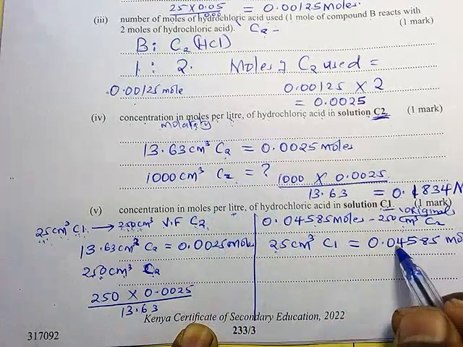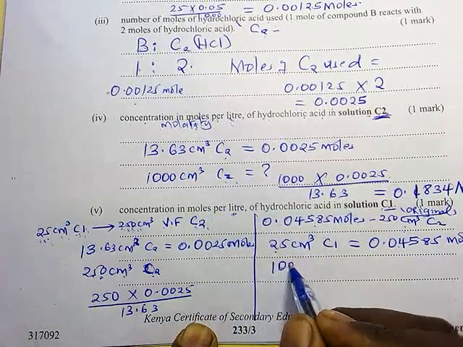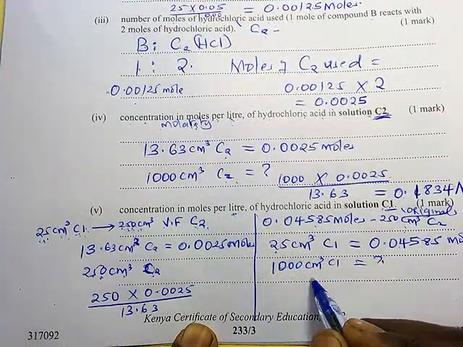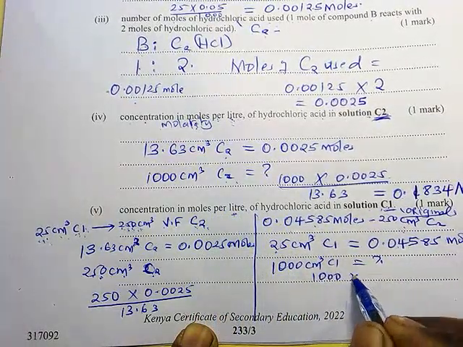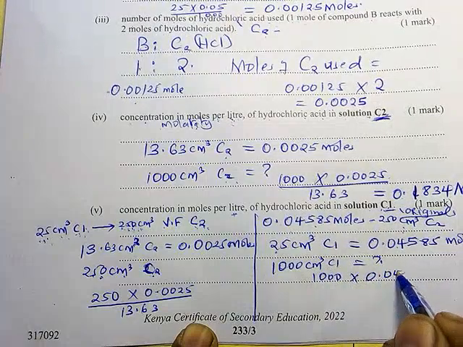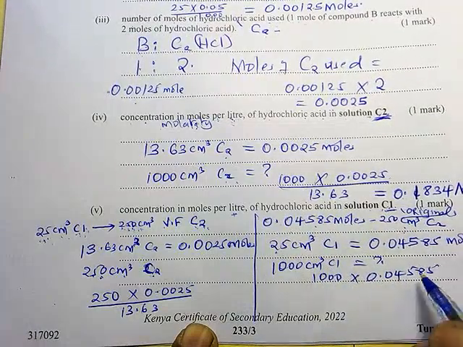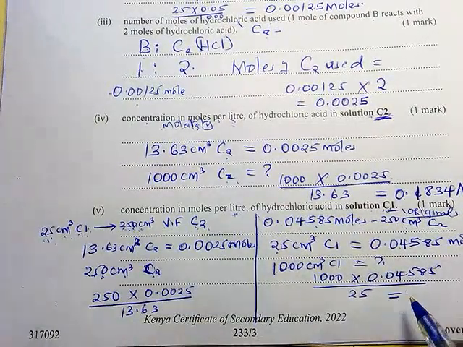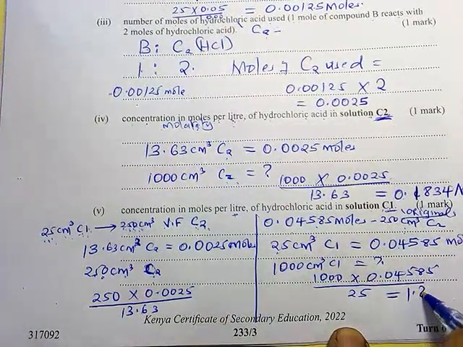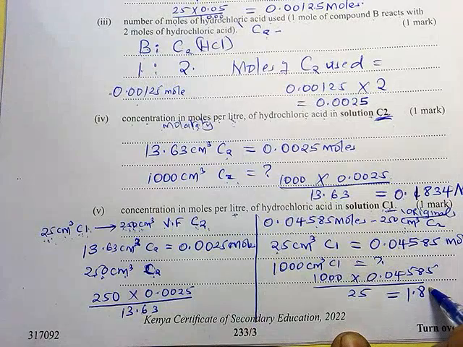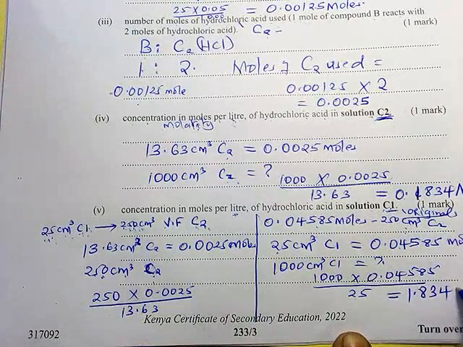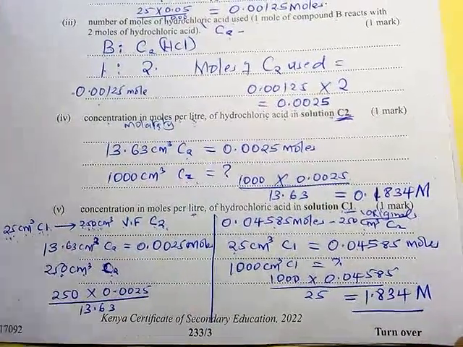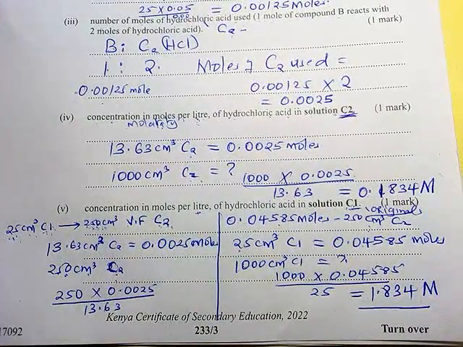If 25 is this one, what about a liter? 1,000 centimeters cube C1 will be what? 1,000 times 0.04585, you divide by 25. This one is giving us 1.834 capital M, and that is the molarity of C1, the original solution C1.